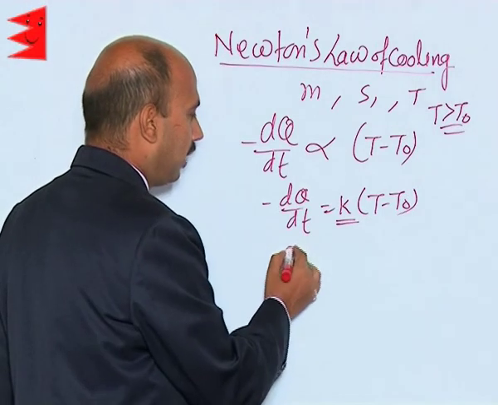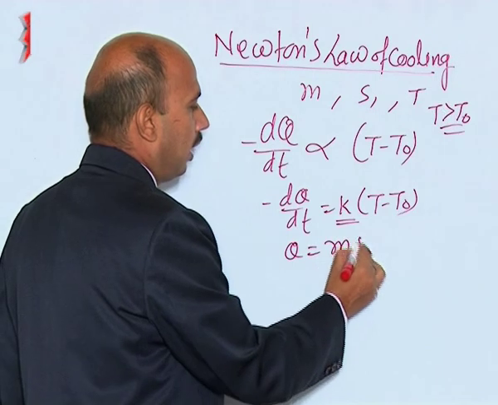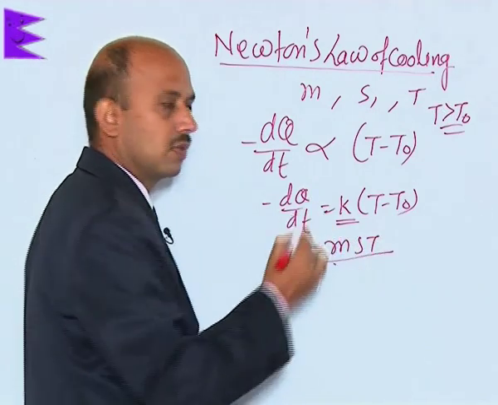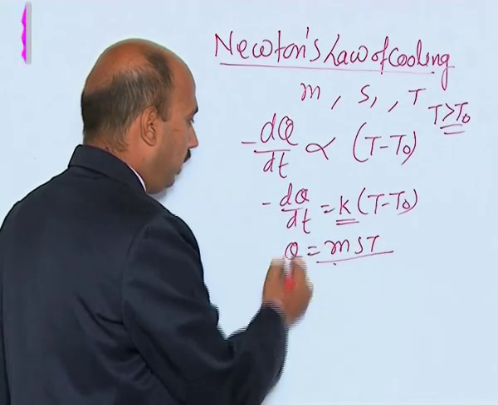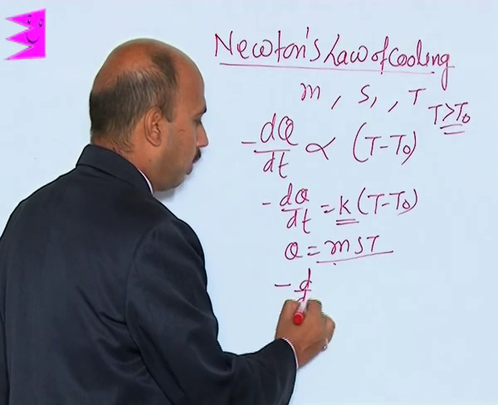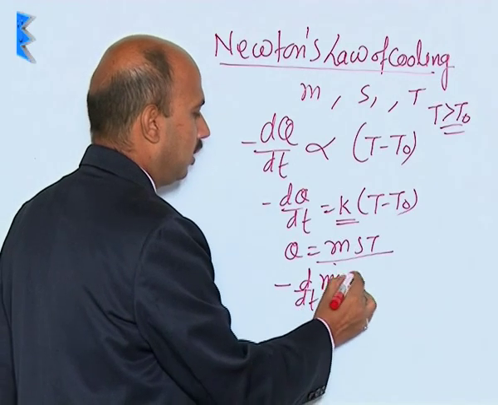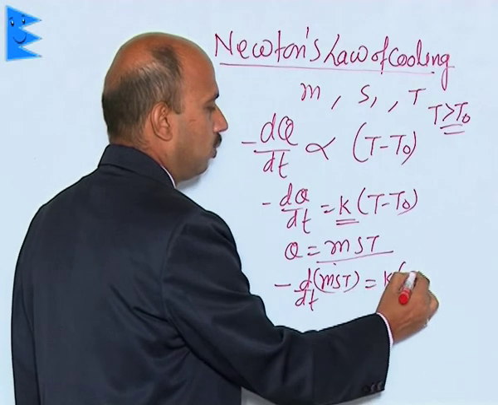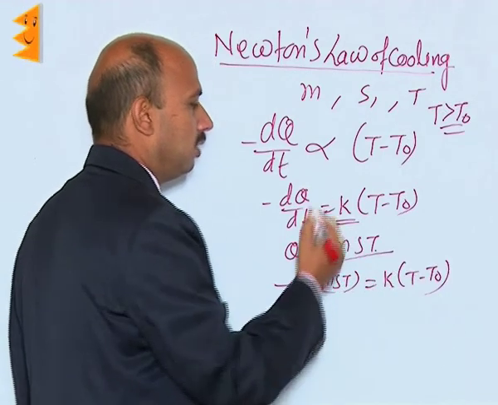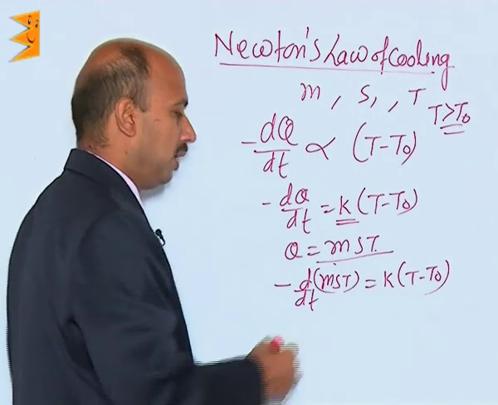We can also write Q is equal to mST. So, here we can write minus d upon dt of mST is equal to k into T minus T naught. T is the temperature of the body at an instant we have taken.